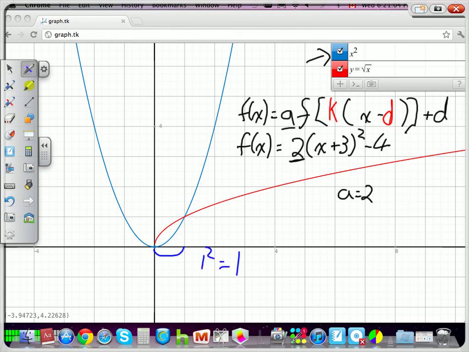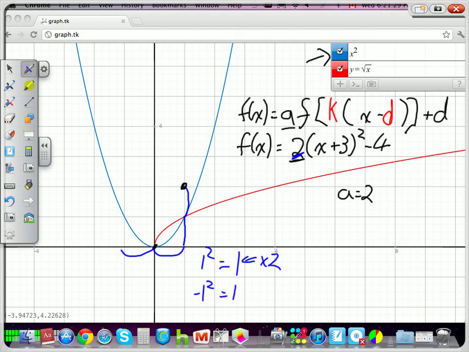What a is going to do is stretch our quadratic vertically. Remember I said if we go over 1, we square that number, and we go up 1. Well, because a is a number greater than 1, I now take that number and multiply it by this. So instead of going up 1, 1 times 2 is 2, I will go up 2.